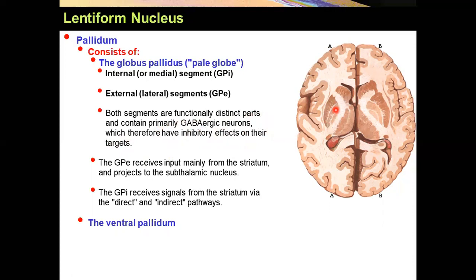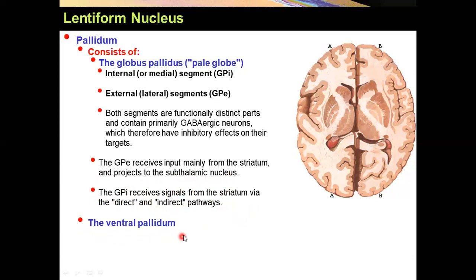Now the GPE, this one here, receives input mainly from the striatum and projects to the subthalamic nucleus. And moreover, the GPI receives signal from the striatum via the direct and indirect pathways.